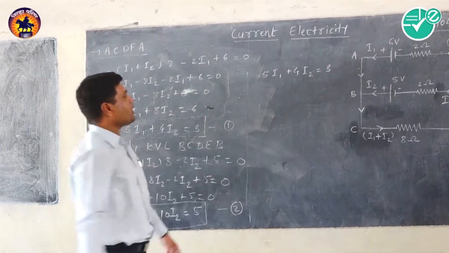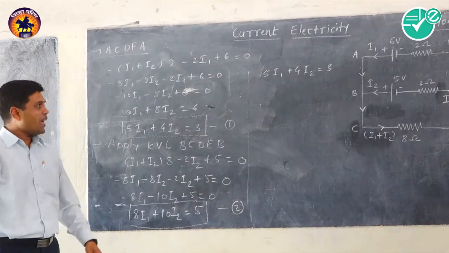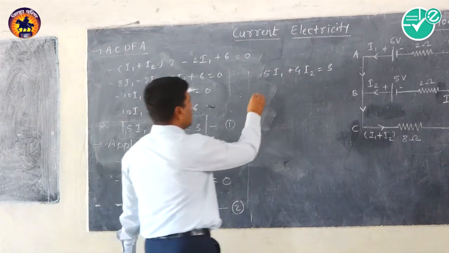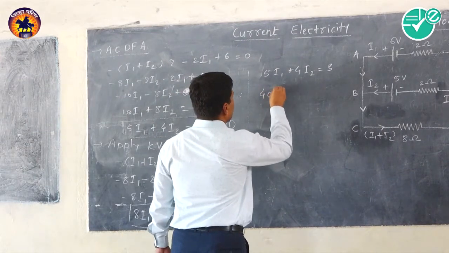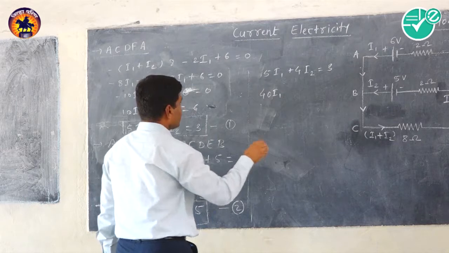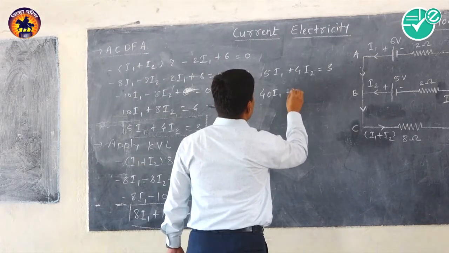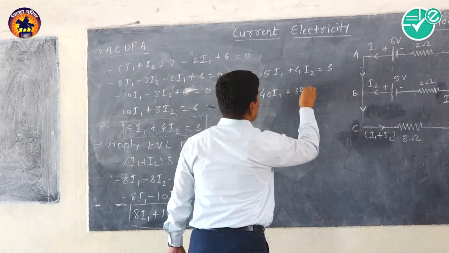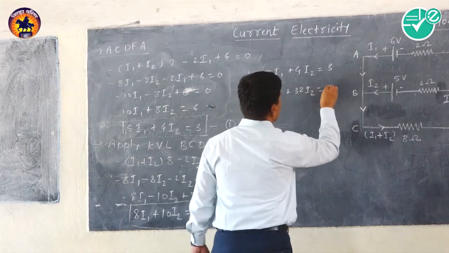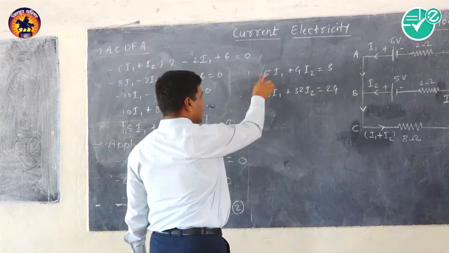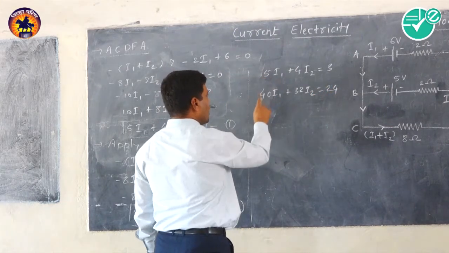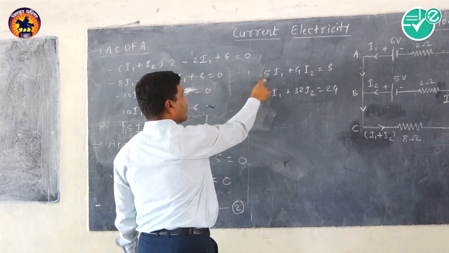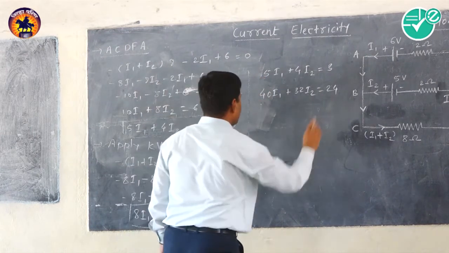Now multiply this equation 1 by 8. So it will become 40I1 plus 32I2 is equal to 24. We have multiplied this equation by 8.